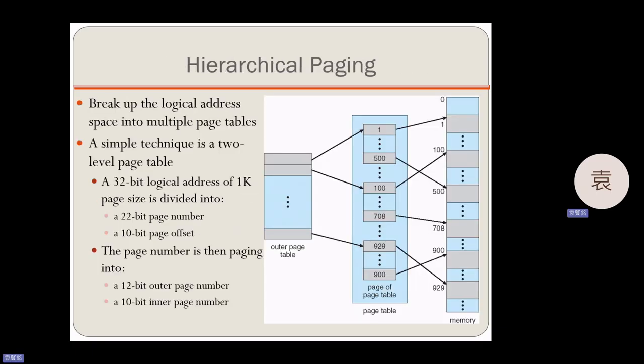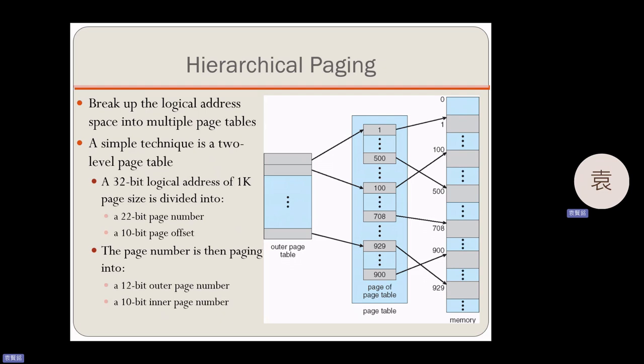Hierarchical paging means we break up the logical address space into multiple page tables. A simple technique is a two-level page table. For example, take a 32-bit logical address with a 1K page size. We divide this into a 22-bit page number and a 10-bit page offset.